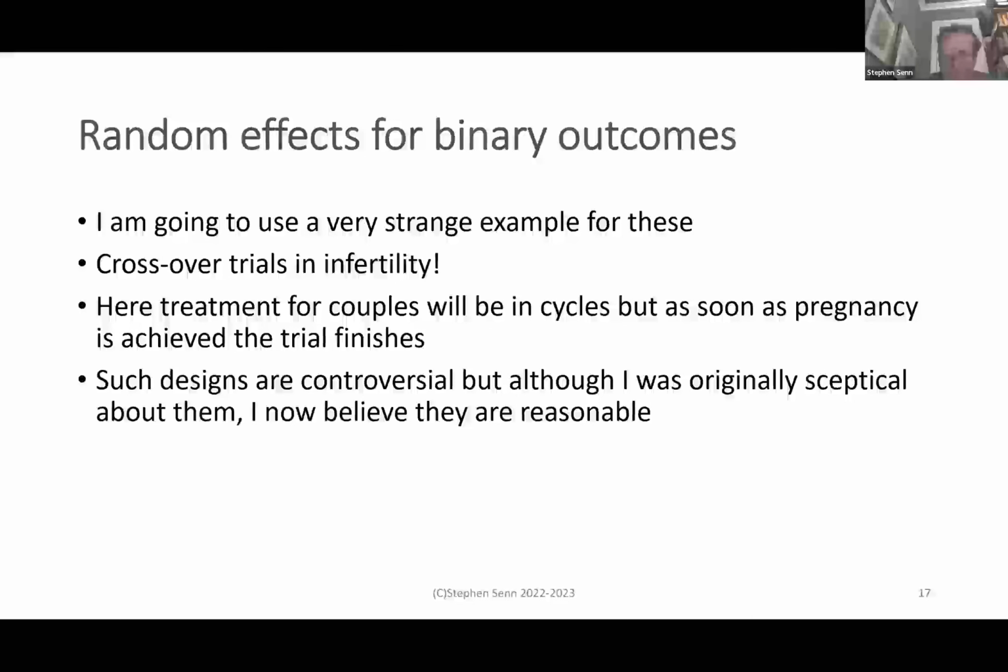What about random effects for genuine binary outcomes? That was an analysis of preferences. Here I'm going to take a case where we actually have binary outcomes at the level of the episode within a cycle. So it's not a question of taking a preference and declaring that preference to be binary, either B or A. The actual observation itself is binary.